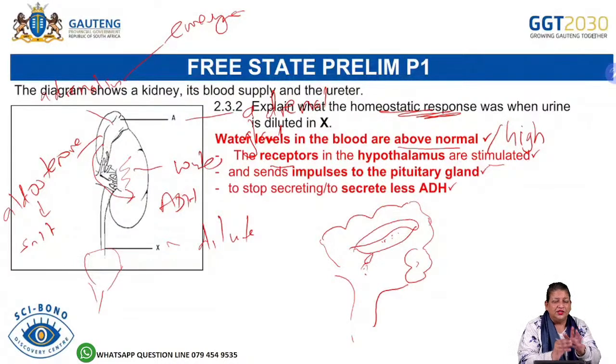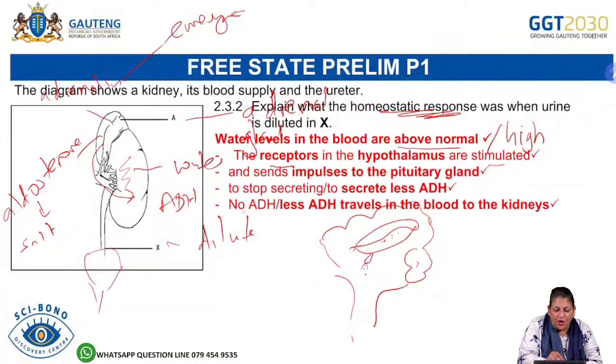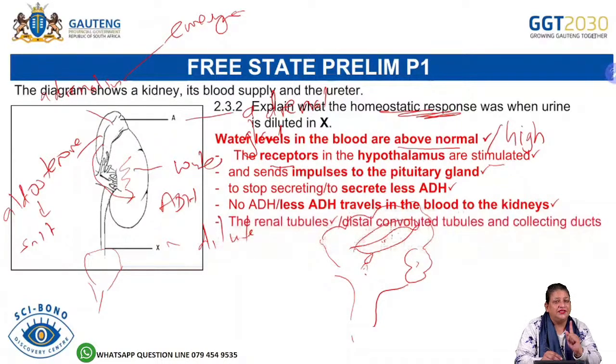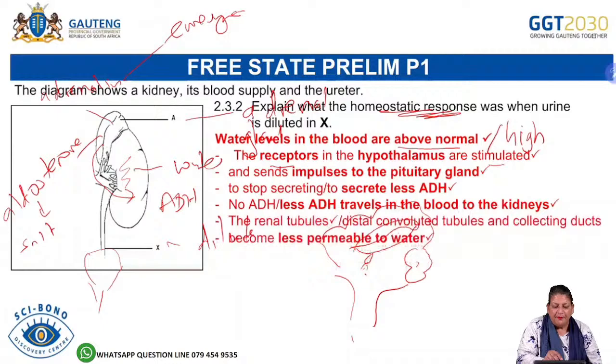So because there's lots of water in the blood, the high levels of water in the blood stimulate the pituitary to secrete what? Less or no ADH. To stop secreting ADH, to secrete no or less ADH. No or less ADH goes to the blood in the kidneys, right? Because remember, ADH is a hormone and it's traveling by the blood. The renal tubules or the distal tubules or the kidney tubules become less permeable to water.